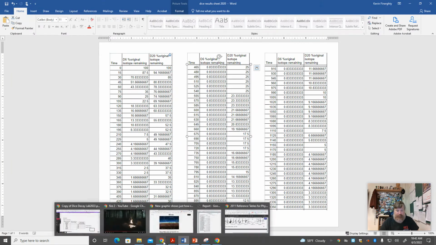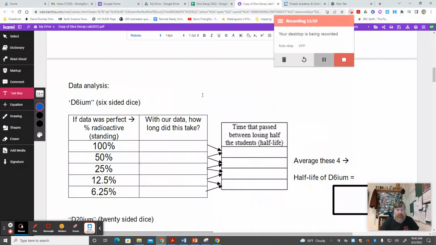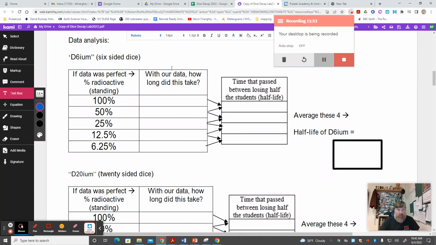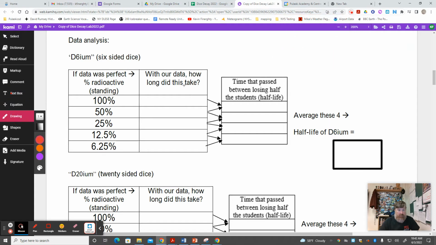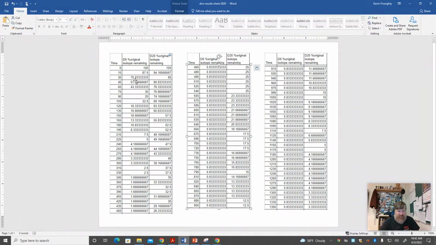So what's our job? So according to our data, how long did this take? Well, we had 100% after 0 seconds of experiment. There was all of it, right? How long for the D6 did it take to get down to 50%? D6 got to 50% or right about there, say after 45 seconds.